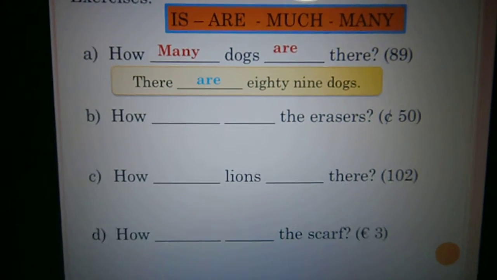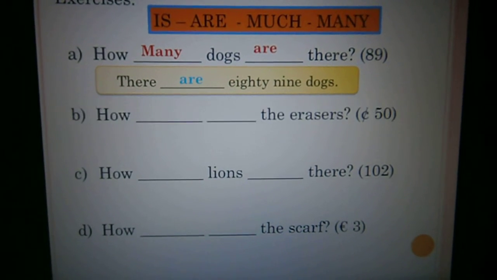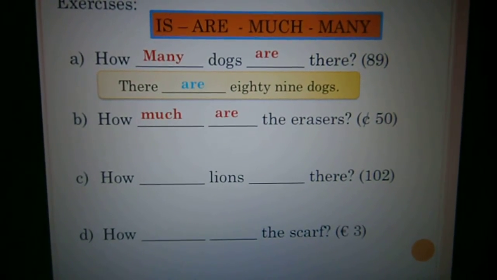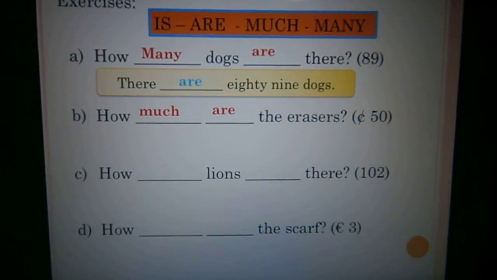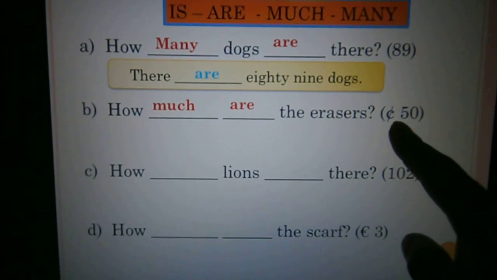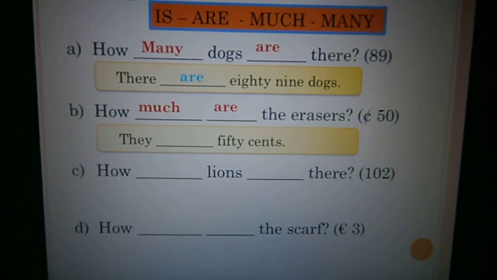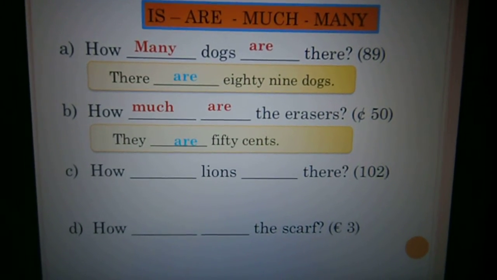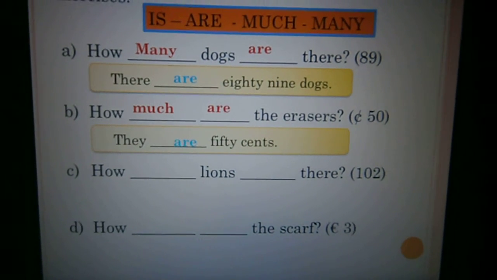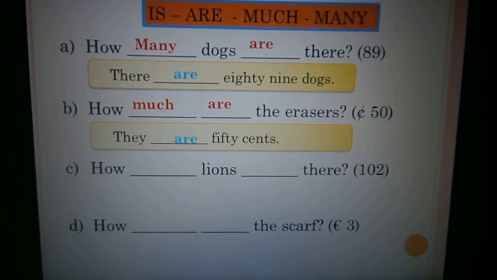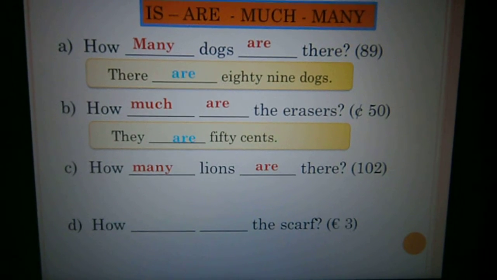In letter B, how much are the erasers? And here you have to mention a price because here you have a symbol. For example, here you have they are 50 cents. What about letter C? How many lions are there?